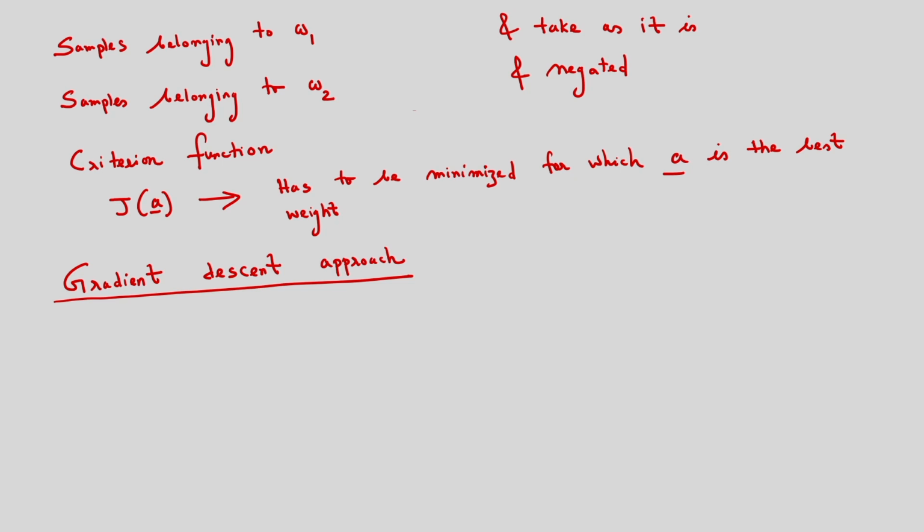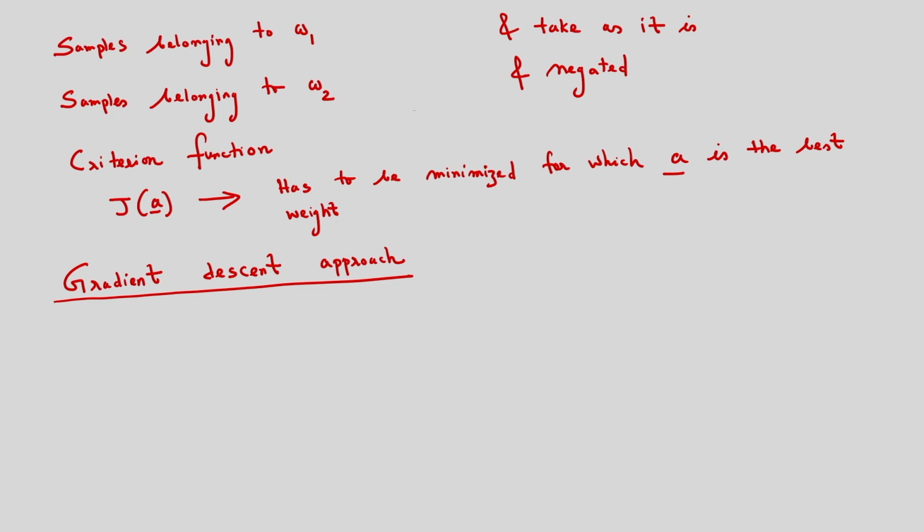That means I want to classify all the samples correctly, and A is the best weight vector which can classify all the samples correctly, and for this we have to minimize this criterion function.